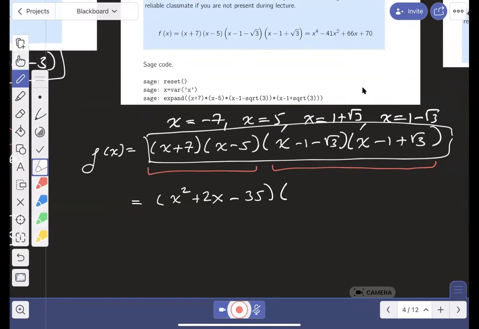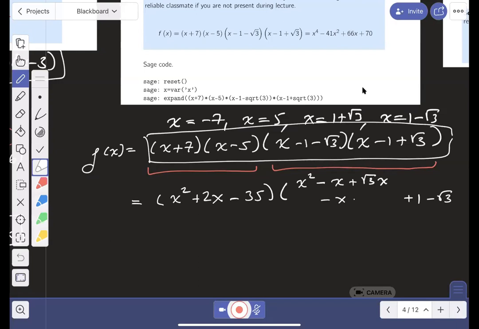Next one's going to be more difficult. I'll be honest with you, the reason it's more difficult is more work. I encourage work. What are you going to get there? I'll write this down for you. It's going to be difficult. x squared minus x plus root 3 x. Well, I'm going to multiply by minus 1. So minus x plus 1. Right? Let me see if I'm doing this right. Minus x plus 1 minus root 3. All right, a lot of work. Let's keep going.